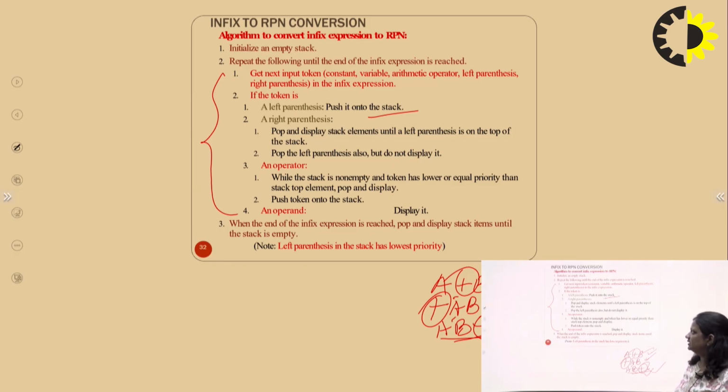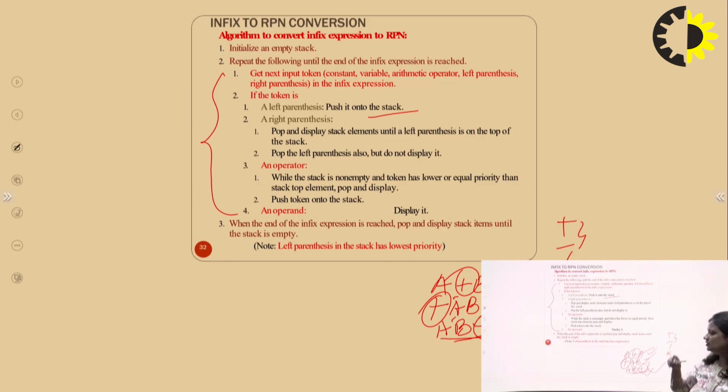While the stack is non-empty and the token has a lower or equal priority, there will be a priority. Plus, minus, divide, addition, subtraction, multiplication, exponentiation have different levels of priority.